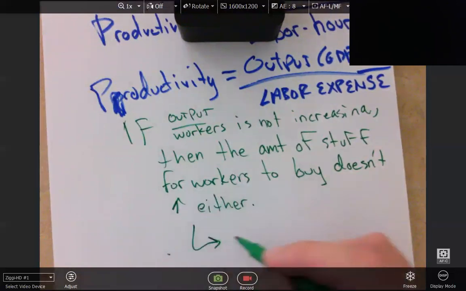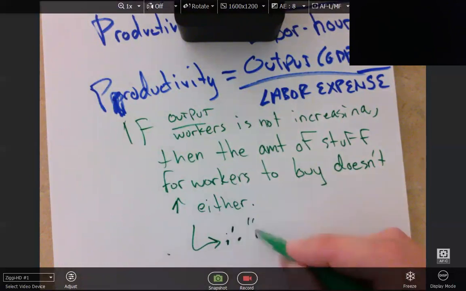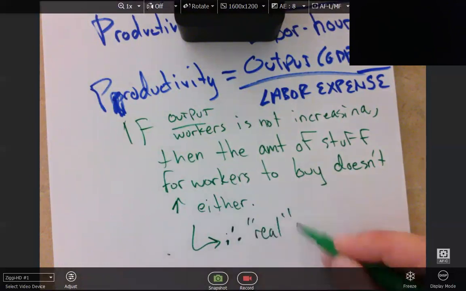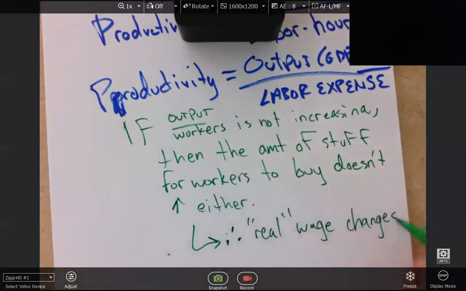So therefore, real wage changes happen only when productivity also increases.